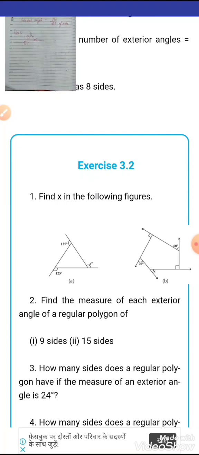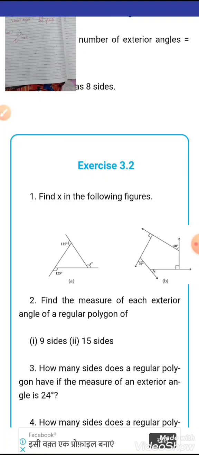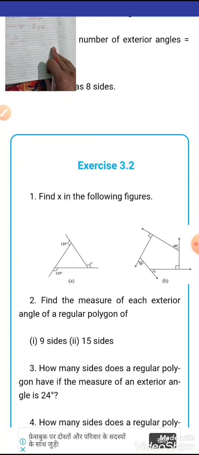As I mentioned earlier, the sum of the exterior angles of a polygon does not depend upon the number of sides. So the sum of the exterior angles of a polygon is 360 degrees.